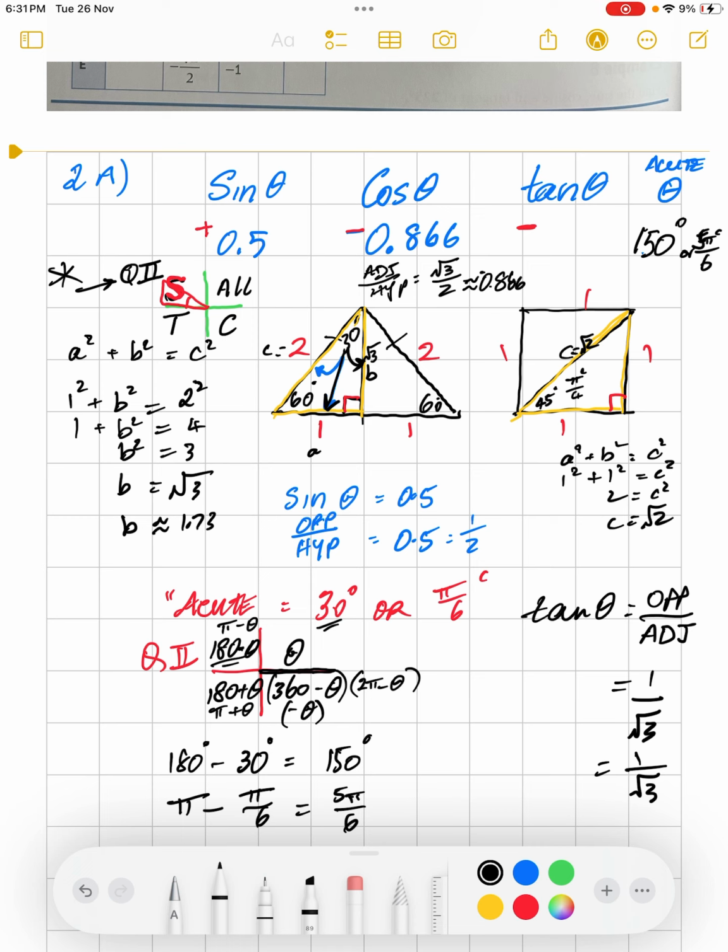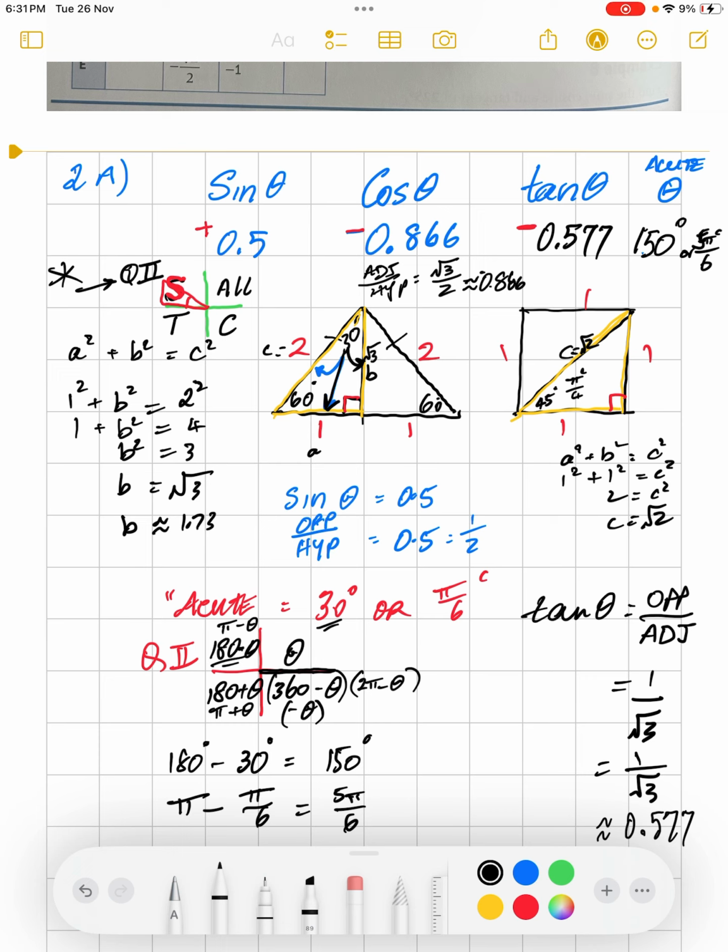Here we go: 1 divided by the square root of 3 on my calculator is equal to 0.577. So to 3 significant figures, it's negative 0.577.